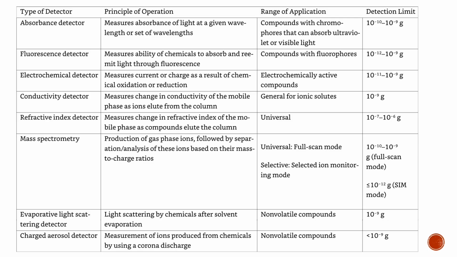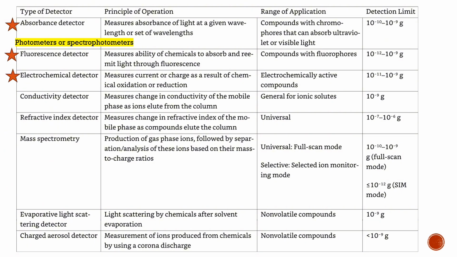Here are the types of detectors that can be used for liquid chromatography. The absorbance detector, it's like when you say photometer or spectrophotometer. This is important and common. The fluorescence detector, you know the fluorescence, the same method that was described before.